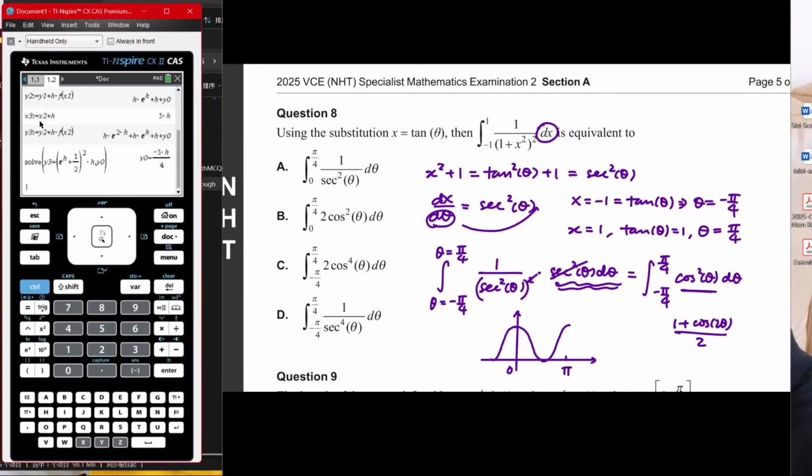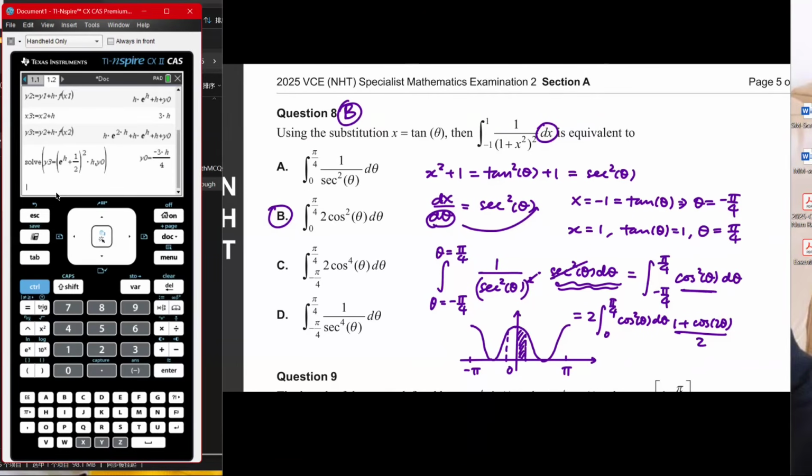And the other bit, if I go back to 0 to minus pi, this graph is symmetrical. So instead of using minus pi on 4 to pi on 4, I can just calculate this bit and double it up. So you get two lots of the integral from 0 to pi over 4 of cosine squared theta d theta. So I believe the answer should be B, if I'm not mistaken.